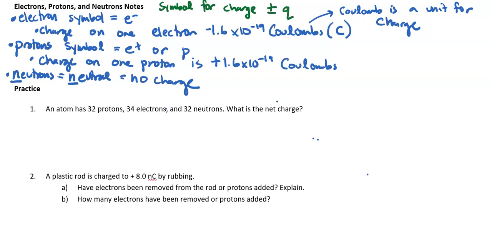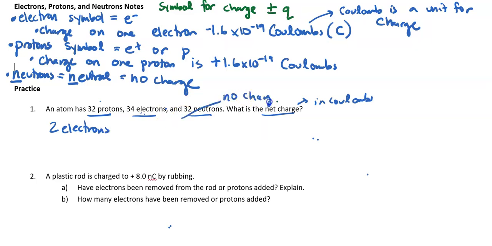Okay, let's look at the first one together. We have an atom with 32 protons, 34 electrons, and 32 neutrons. We want to know the net charge. I should have added in this problem in coulombs. Let's think about it. If you have 32 positive charges and 34 negative charges, the positive charges are going to be canceled out by the negative ones, and you're left with 2 electrons left over. Neutrons are neutral, so those have no charge.